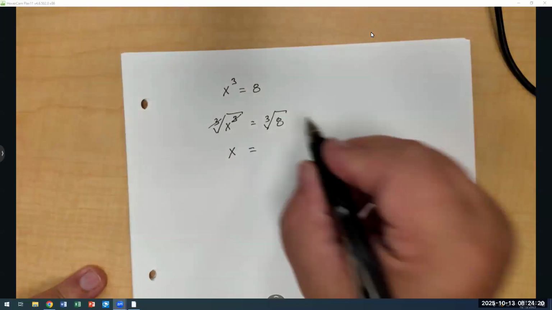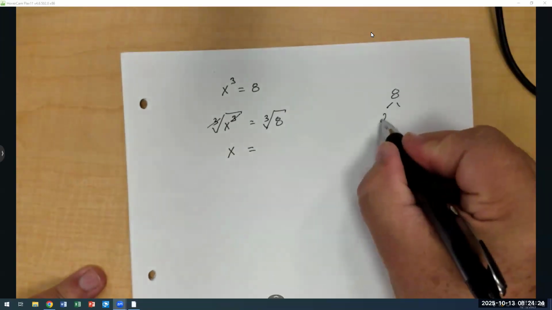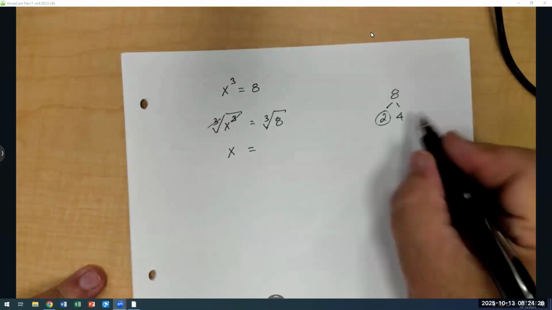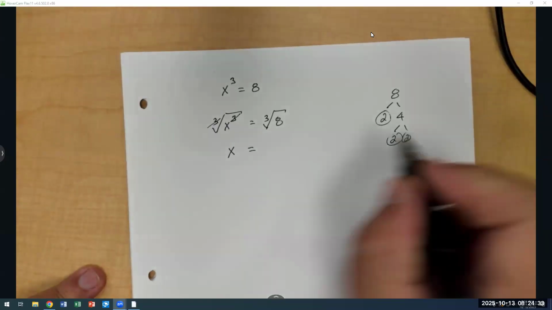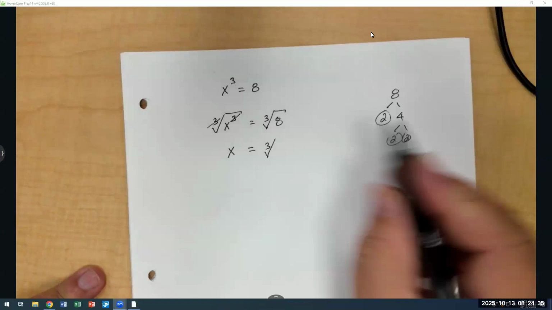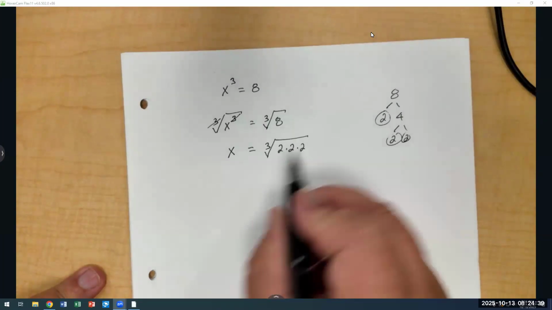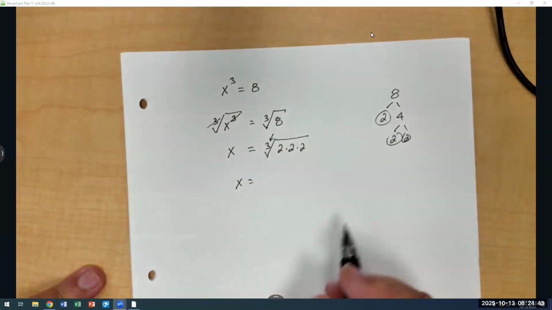So now, what is 8 made up of? 4 times 2, and 2 can't go any further. What's 4 made up of? 2 times 2. So 8 is made up of 2 times 2 times 2. Are there 3 of a kind?